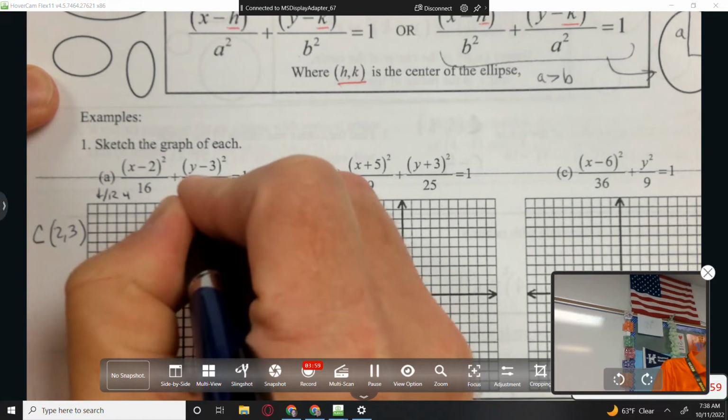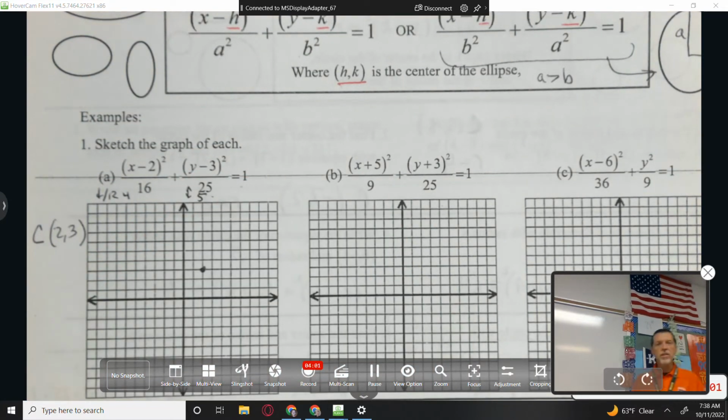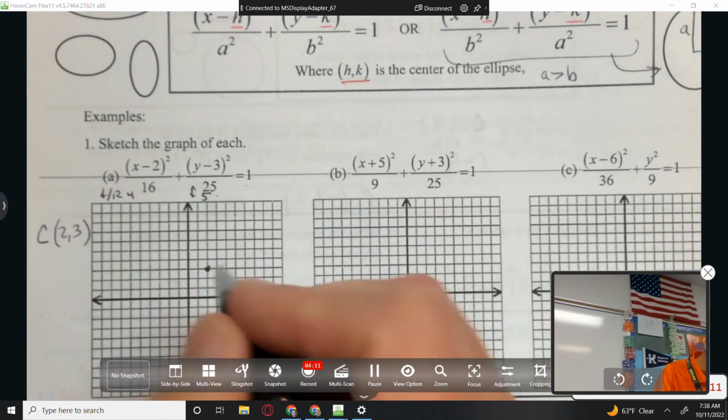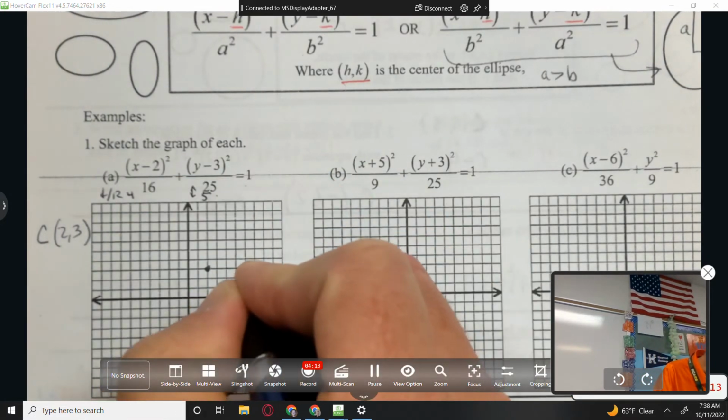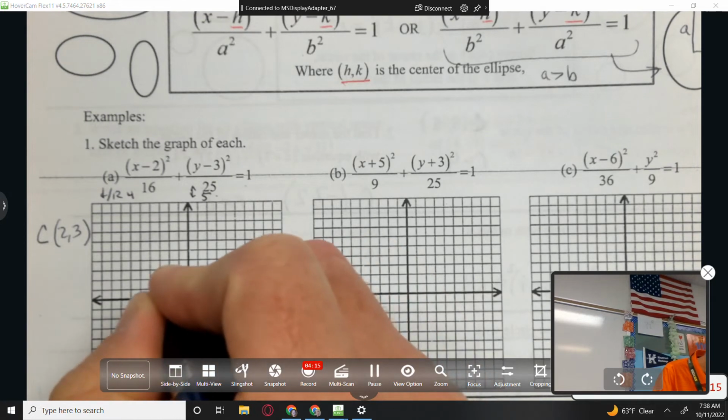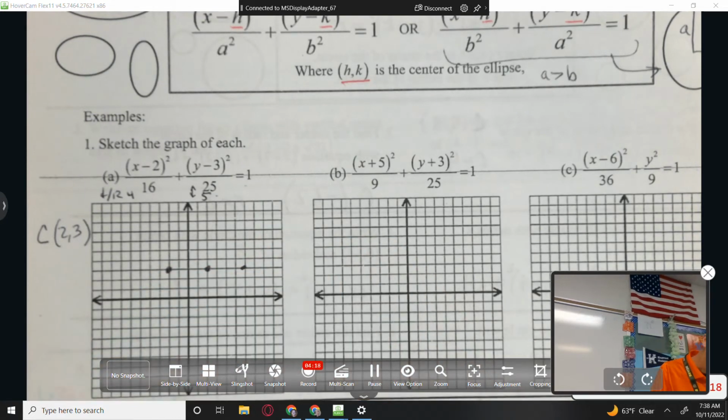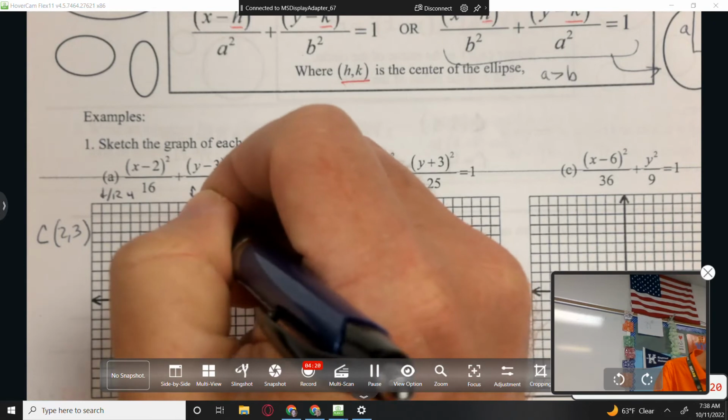And up and down 5. So left and right 4, up and down 5. And notice we didn't even care which one's A and B. A is the longer one, but it doesn't really matter. If it's under x, go that many in x. So left and right 4. Up and down 5.